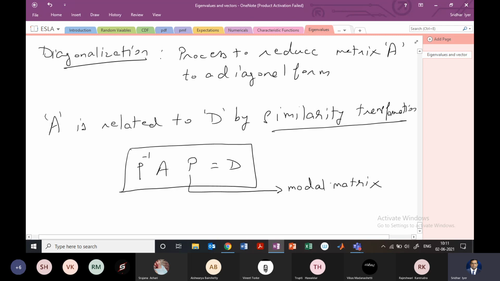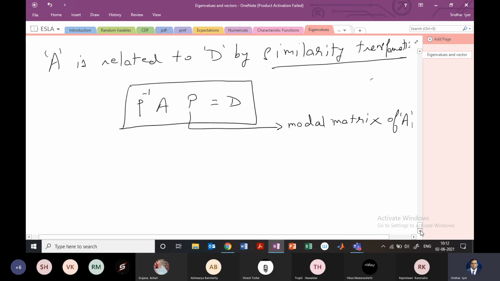Our job in the numericals will be to find the modal matrix and then use this equation to diagonalize the given matrix. The matrix P, which is going to diagonalize A, is known as the modal matrix of A. The modal matrix is formed by grouping eigenvectors into a square matrix, which we will see in the numericals.